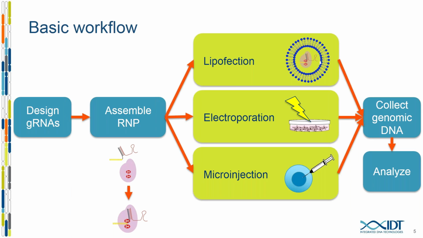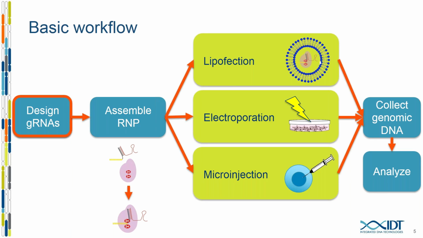So you actually assemble that ribonucleoprotein complex. From there, you're ready to move into the delivery stage, which typically is done either through lipofection, electroporation, or microinjection into cells. And then finally, after the CRISPR delivery has occurred and some time has elapsed for that editing to take place, the genomic DNA is collected from those samples and you move on to analysis. And we'll talk about each of these steps in a little bit more detail.